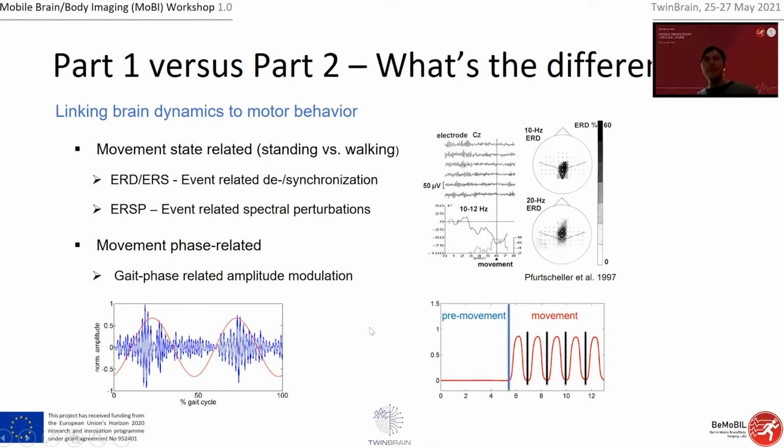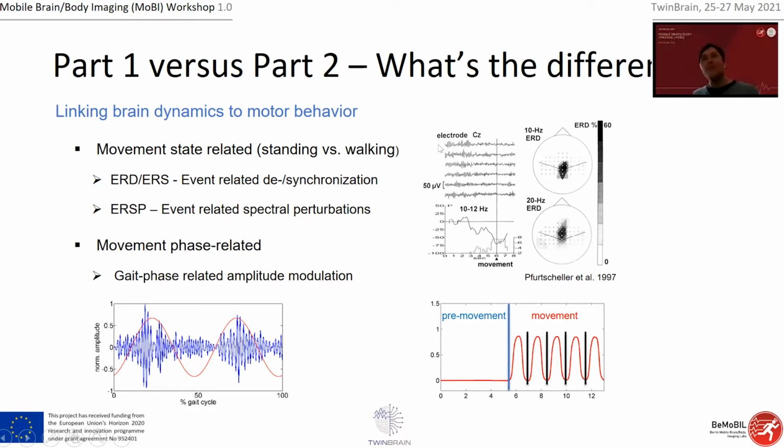So even looking at previous literature, this is really ancient data here. What is classically called in the literature event-related desynchronization or synchronization is exactly this almost binary comparison, meaning we normalize the power in a certain frequency band with respect to a pre-movement baseline. In this case, we have a certain oscillation that is 10 or 20 hertz, the moving beta rhythm. And as soon as this participant was moving their legs, these oscillations vanish.